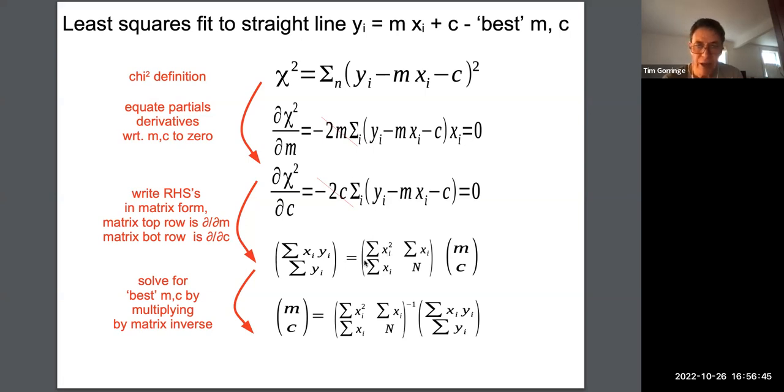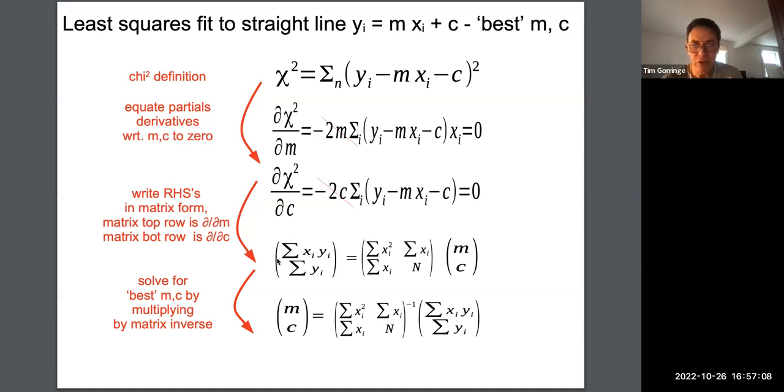And then if you think about it, if you multiply the left-hand side and the right-hand side of this equation by the inverse of this matrix, then it will cancel out the matrices on this side of the equation, leaving just M and C, because we multiplied by the inverse of the matrix.